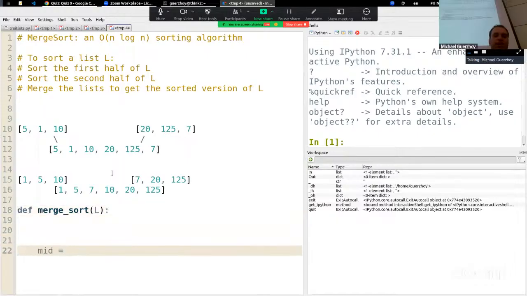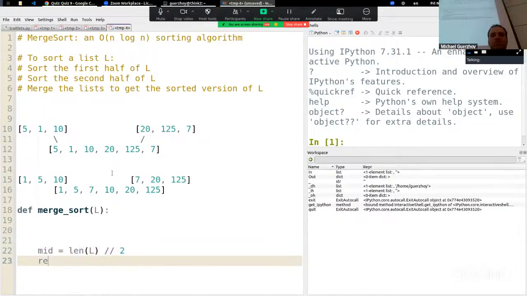So I'll have my, whatever, mid. So I'll call merge sort, the thing that sorts L, on the first half. And I'll call it on the second half.